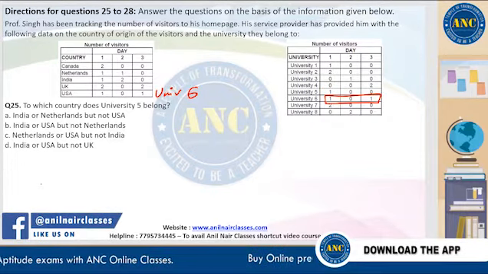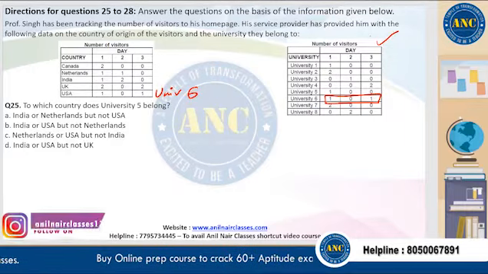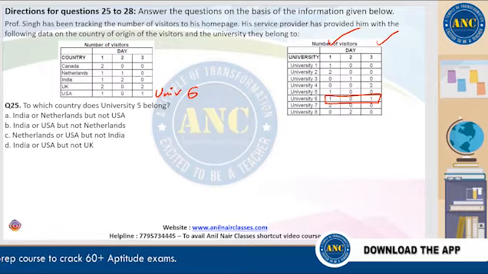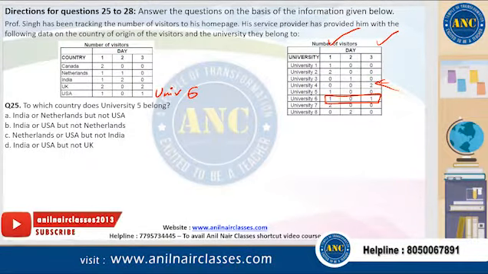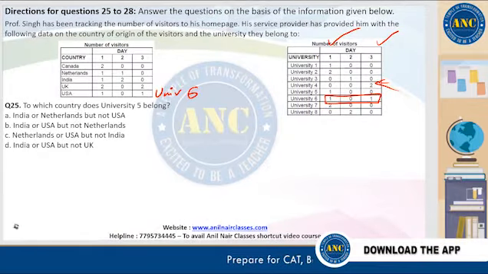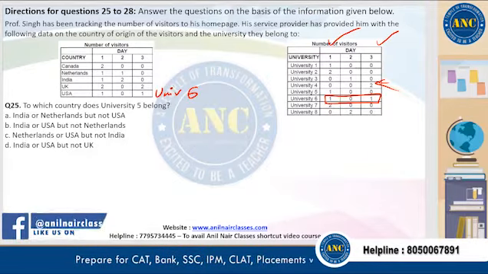Are we clear on that fact? 101. Is there any other place that you can choose one from day 3 and one from day 1? There's no possibility. There is 002 for university 4, but we don't have anything else in day 3. And that's the reason I chose USA and university 6. And in fact, USA is a closed chapter. We don't have to worry about USA anymore.